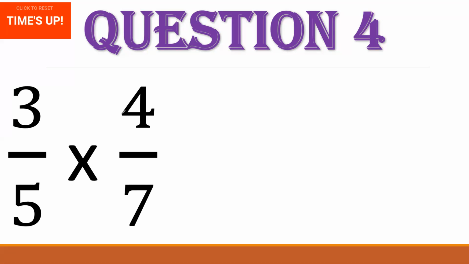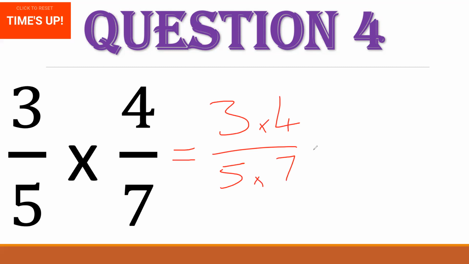All right, so now we are going to write like this, 3 times 4, or you can just use x, that is fine, 3 times 4, 5 times 7, and 12 over 35. If something is possible to simplify, you can simplify also, but for now, nothing to do. Our answer is 12 over 35. Question 4, done. Let's continue with the next one.